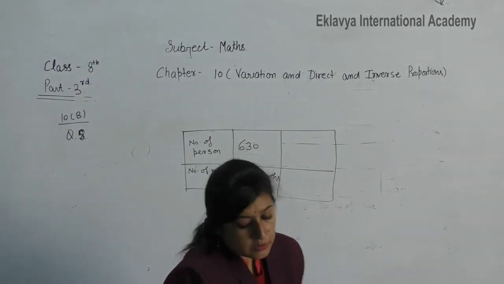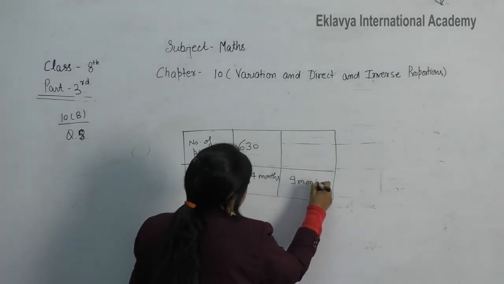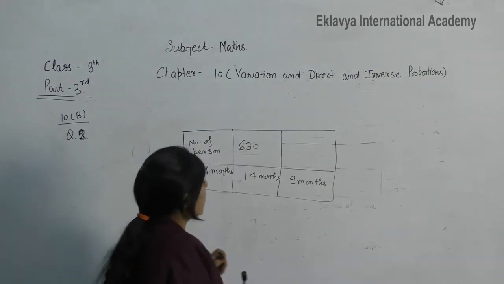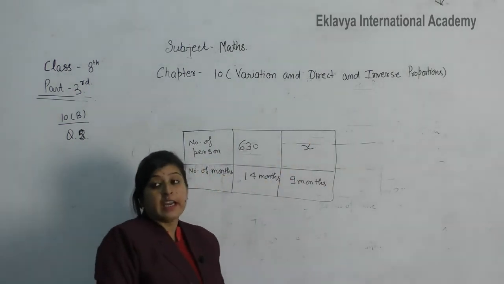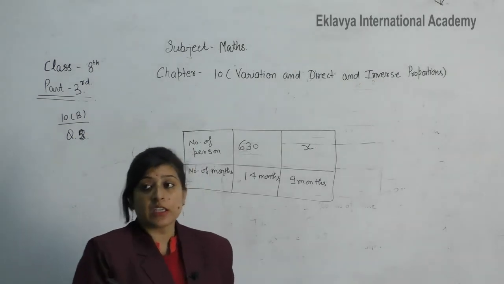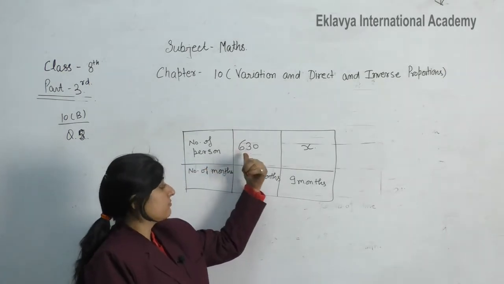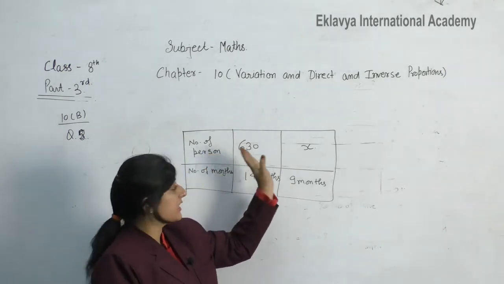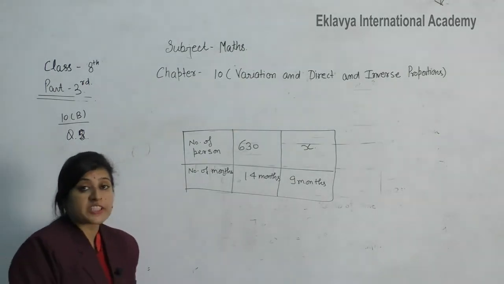He was asked to complete the job in 9 months. If the job has to be completed in 9 months, then how many persons are required? Extra persons required. It means firstly we find out the number of persons required, then we subtract from it to find the number of extra persons.